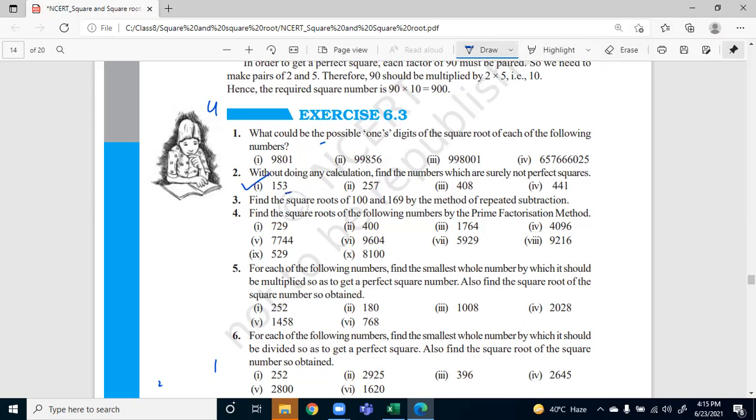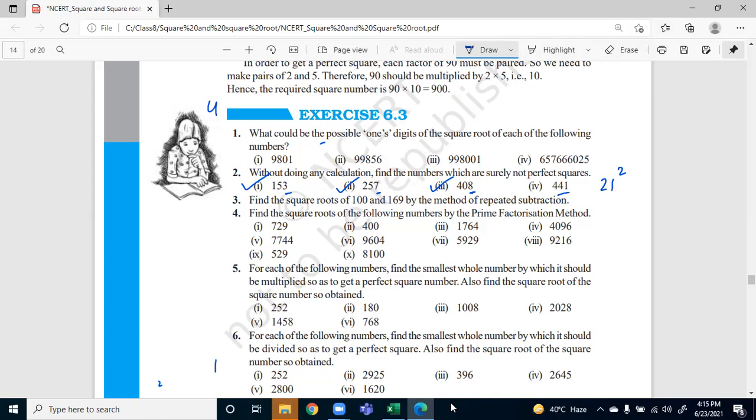Here it is ending with 3, here with 7, here with 8. So these are not perfect squares, while 441 is a perfect square. 21 square is 441. Okay, no problem, but two parts are correct.